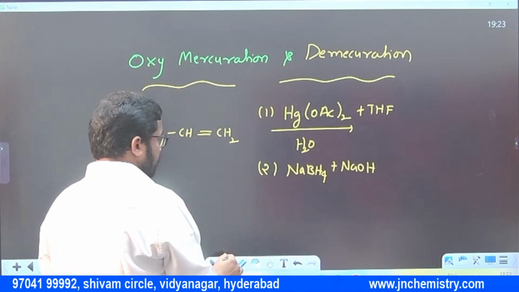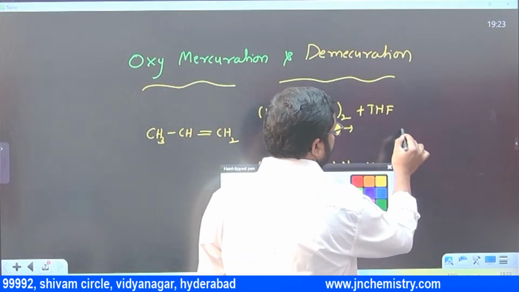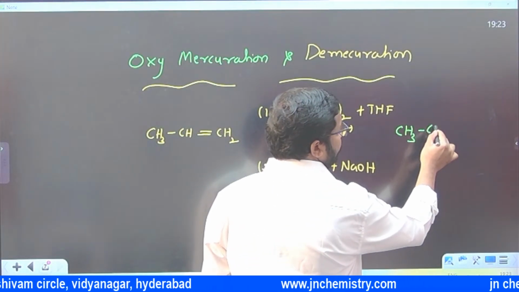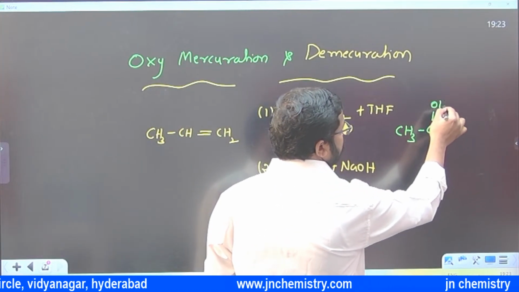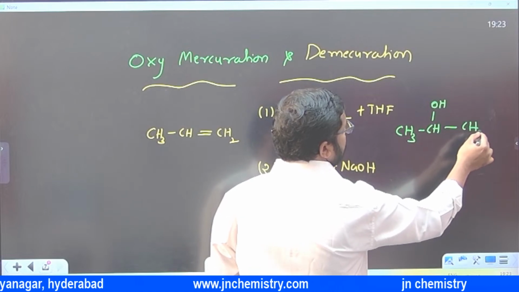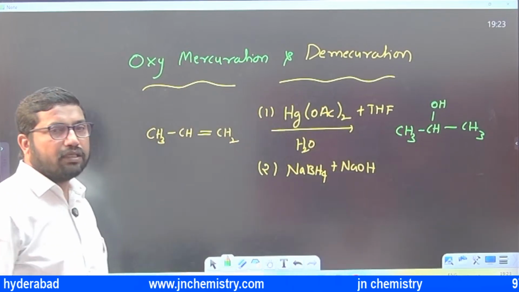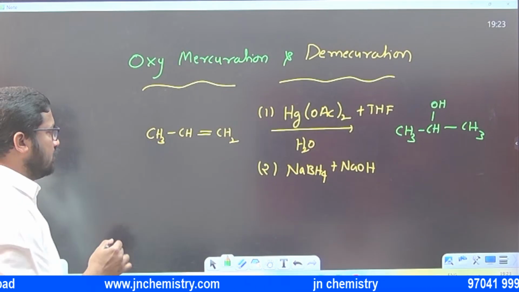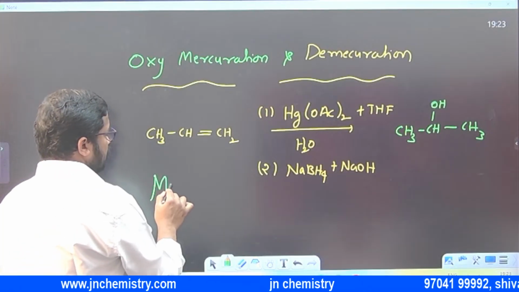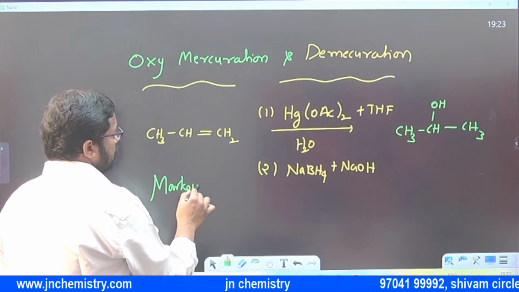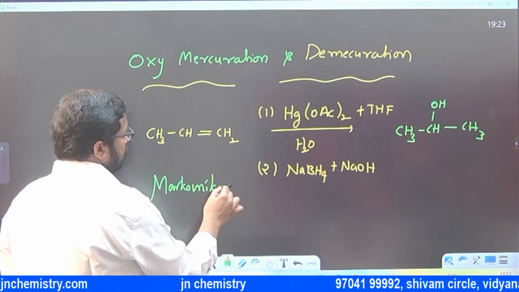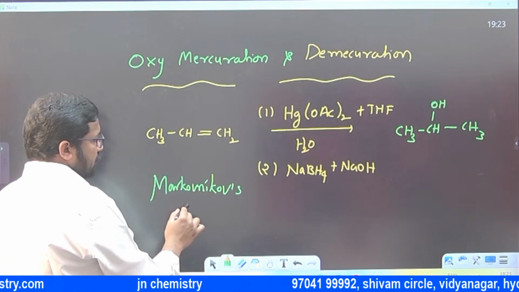We will get this compound, CH3CHOHCH3. In this case, Markovnikov addition only takes place.